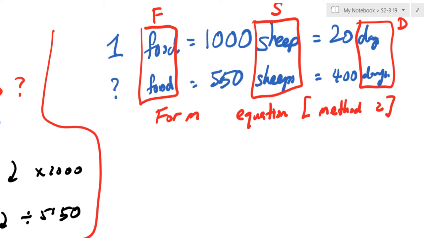So how do I do? I have to understand the relationship. First, F and S, the food and the sheep. Is it direct or indirect? Let's think.